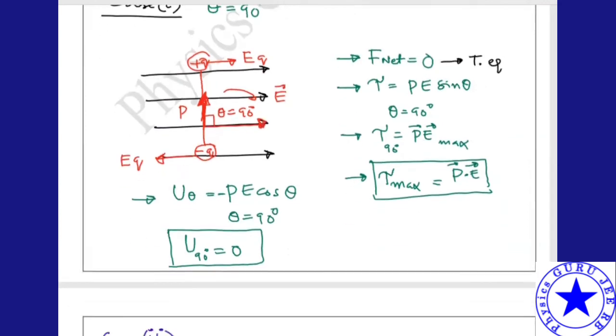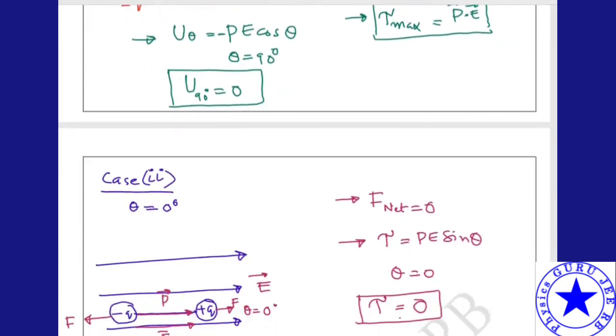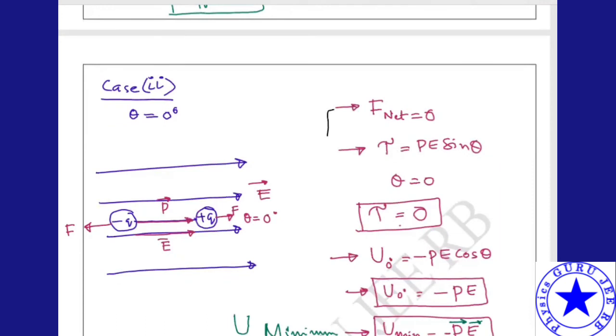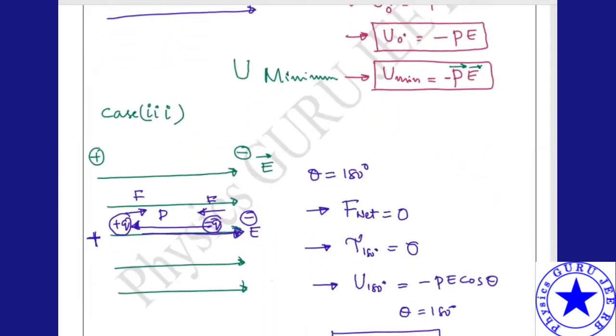When both net force and net torque are 0, we call it translational equilibrium and rotational equilibrium together, which is mechanical equilibrium. Here also both are 0, so we can say it is perfectly mechanical equilibrium.